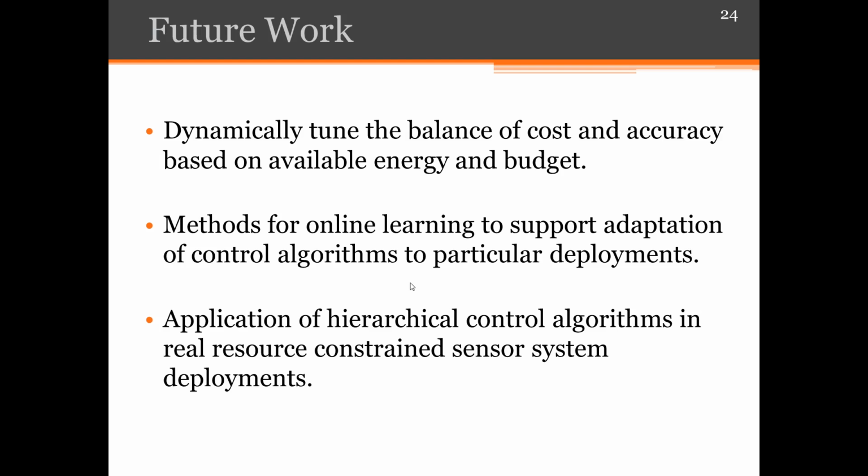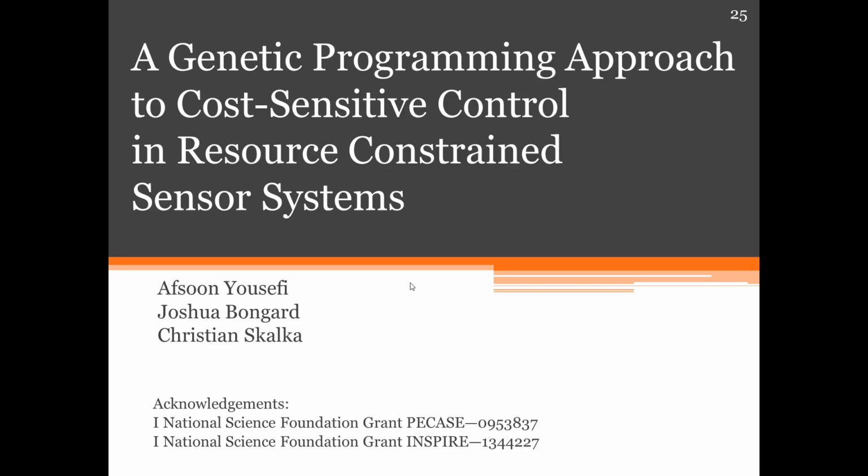And also we want to consider online learning, so the models are able to adapt to changes during the measurement. We also want to apply this method to a real resource constrained sensor system that is deployed inside the field.